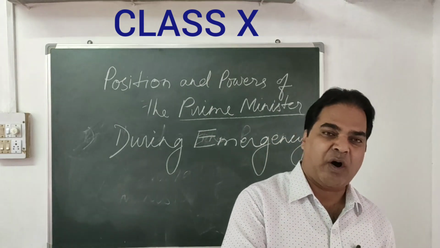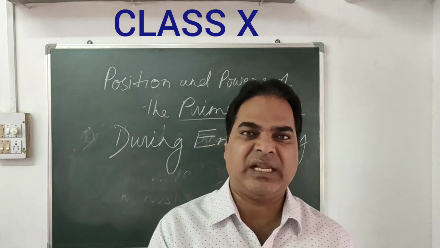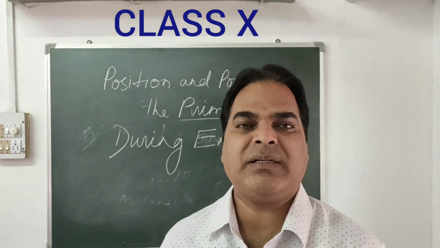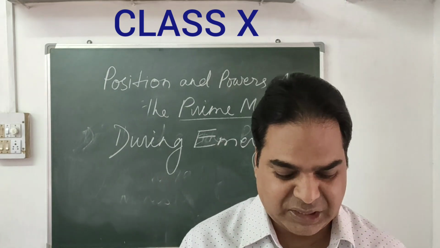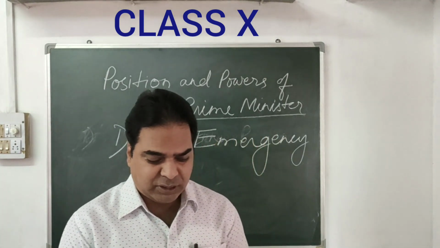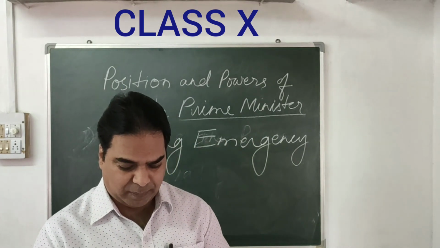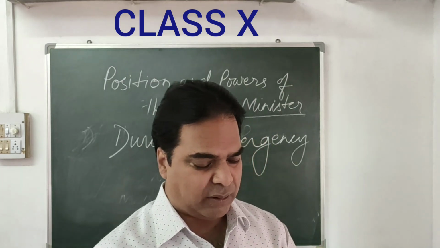The President needs to be informed what is happening in the Parliament. So the Prime Minister is the link between the Parliament and the President. So this is all from our topic, the Union Executive, the Prime Minister, the Council of Ministers.